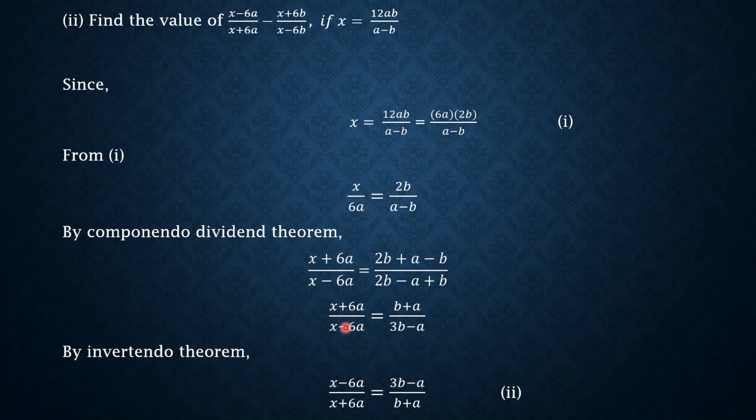As our required fraction is x minus 6a over x plus 6a and we have x plus 6a over x minus 6a. So by applying invertendo theorem here, we will get the required fraction. So we apply invertendo to this. So x minus 6a over x plus 6a equal to 3b minus a over b plus a.